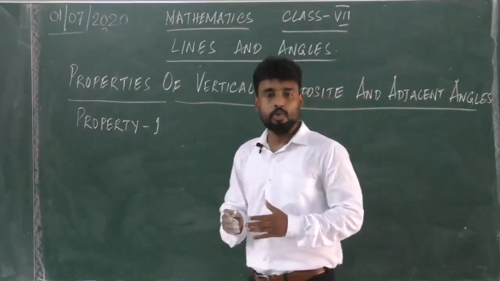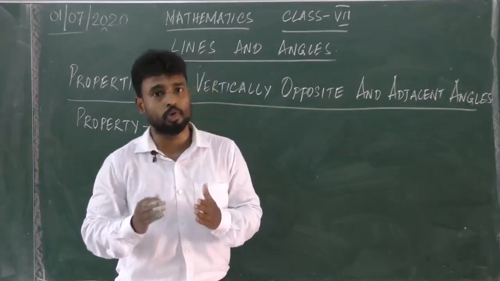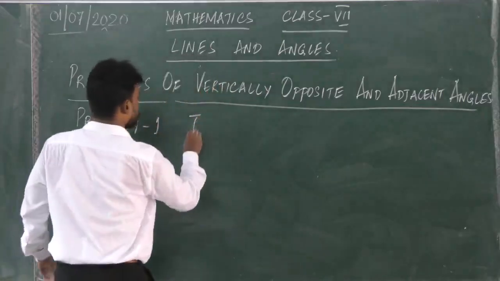It says that if two lines intersect, the sum of any two adjacent angles is equal to two right angles.